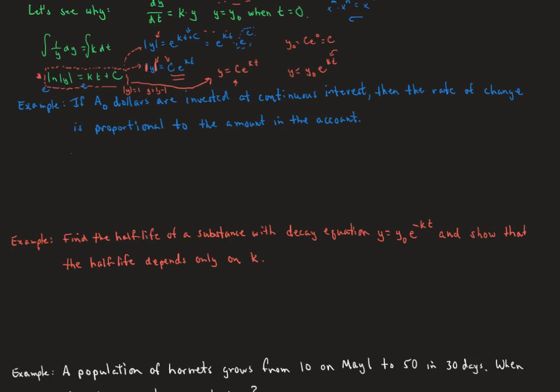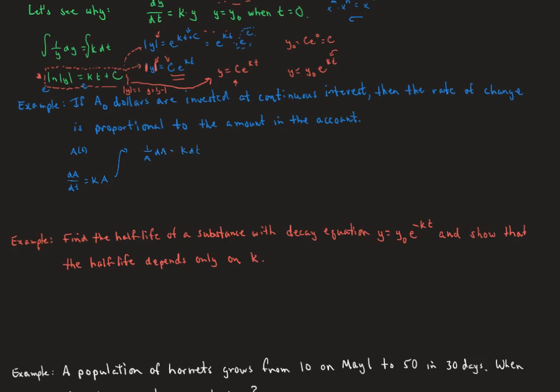So if we say A of t is the amount in the account at time t, then the rate of change dA/dt is proportional to, meaning k times, the amount in the account, that A. So we get the same differential equation that we saw a moment ago talking about population models. And again, just so we can practice it, we'll separate the variables. We'll get 1 over A dA is equal to k dt.